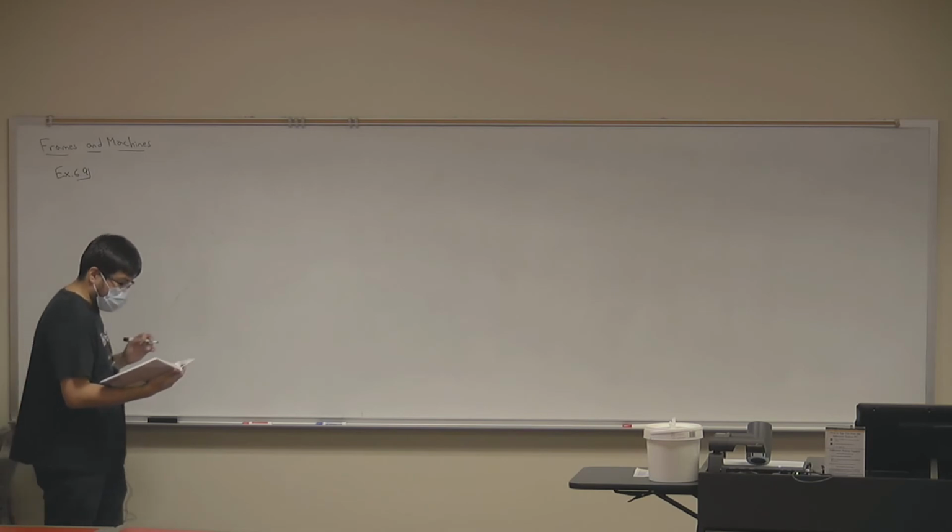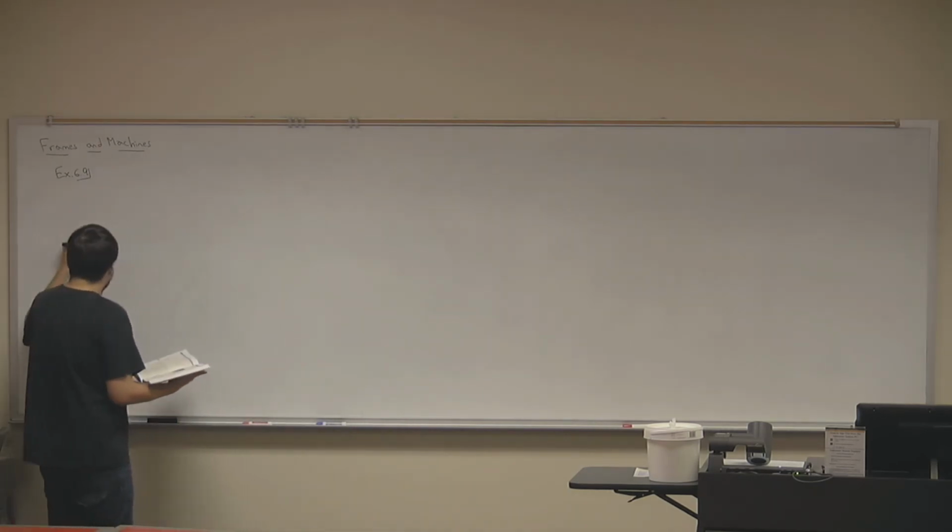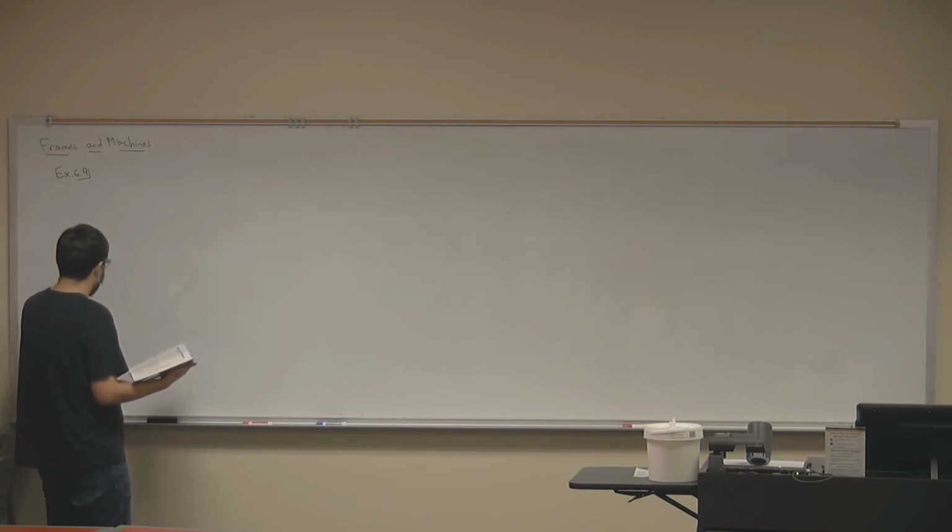So in this example, we're going to deal with a frame. And the way this frame is going to be set up is it's going to be supported by 2 hinges.